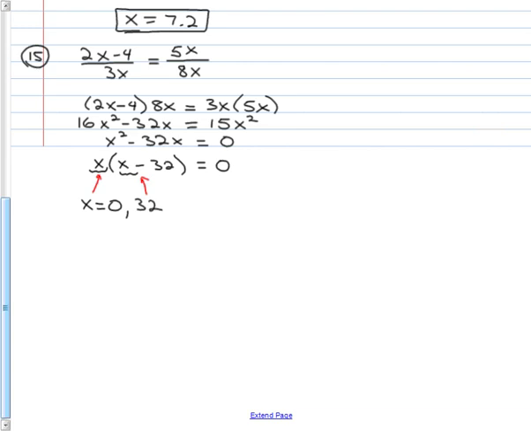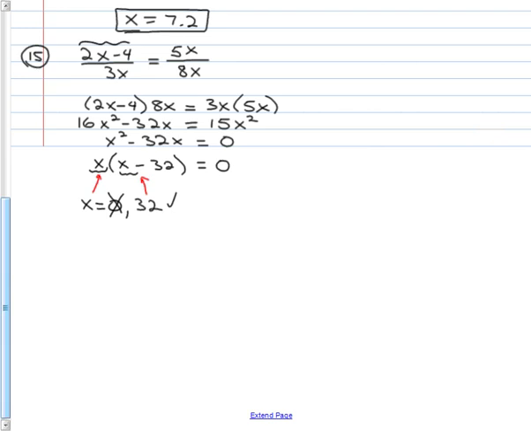Now, if we look back at our picture, can x be 0? And I hope I heard a no. X cannot be 0, because I can't have a 0 length, so I know x can be 32. Now, their question wasn't, what is x? Their question was, find AD. And AD is this 2x minus 4.